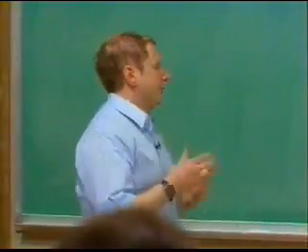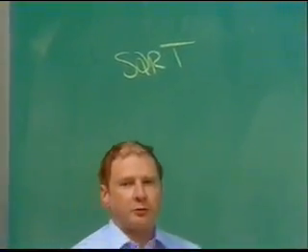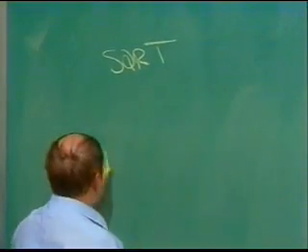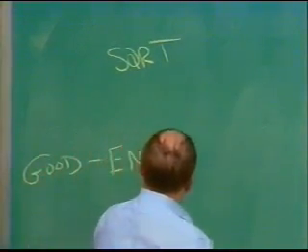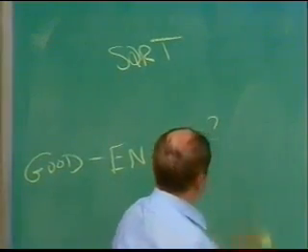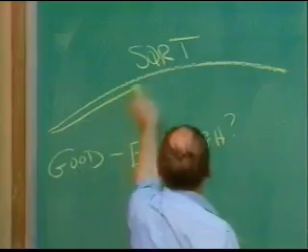So for instance, if we're writing the square root procedure, somewhere the square root procedure uses a procedure called good enough. And between those, there's some sort of abstraction boundary.